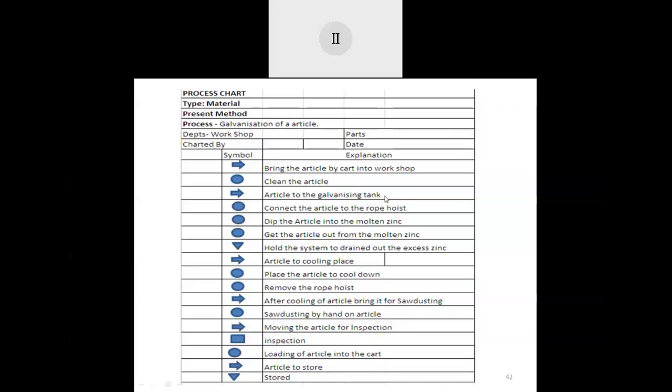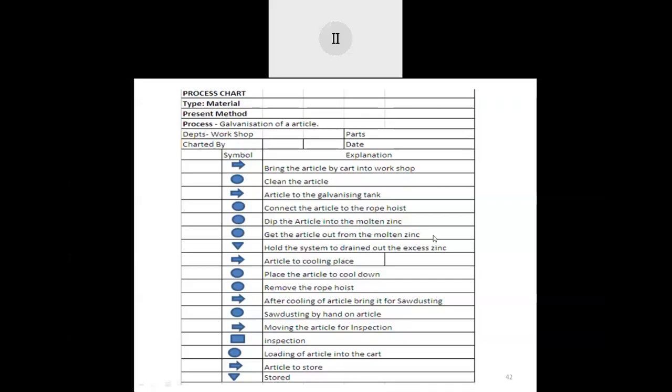So we will take the article, then we will clean it, some operation, then again some movement, then again some operation. These three operations will be done one by one. First is connect the article to the rope hoist, then dip the article into the molten zinc, then get the article out from the molten zinc.